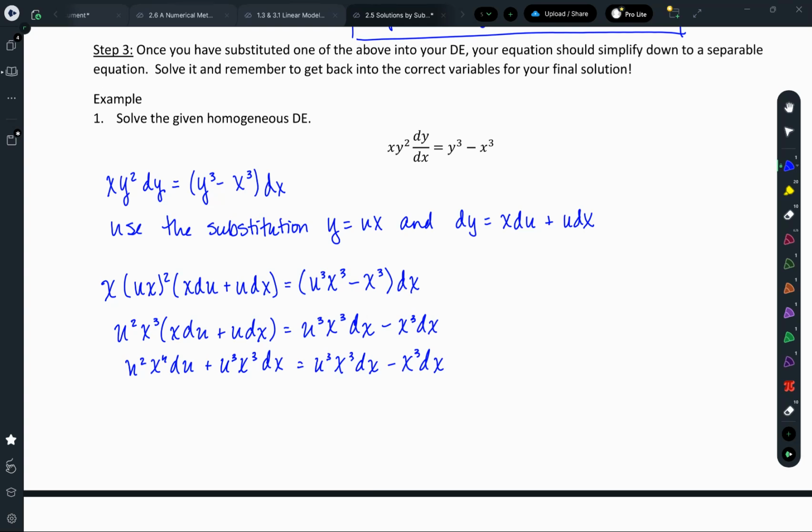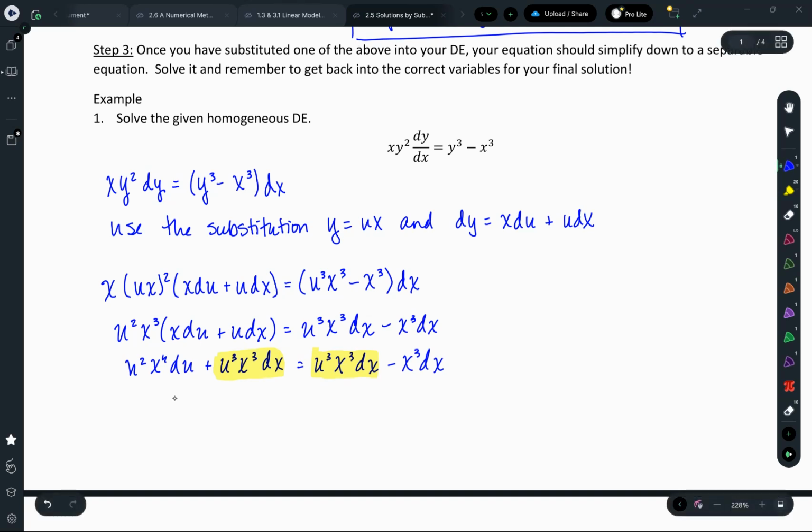Okay, so now at this point, what I want to notice is that I have on the left and the right a u cubed x cubed dx. They have the same sign, and this is where you need to be very careful. They have the same sign, so if I was to try to combine them by moving one of them over to the other side, they would be gone. I would be subtracting from both sides, so they would be gone.